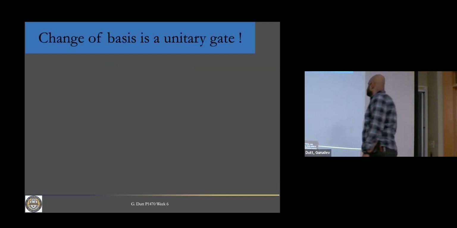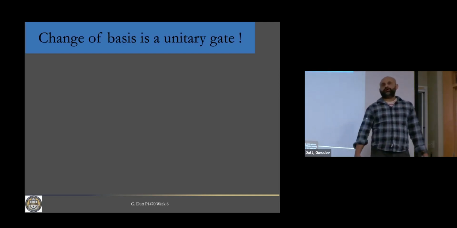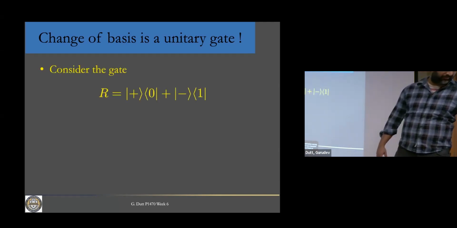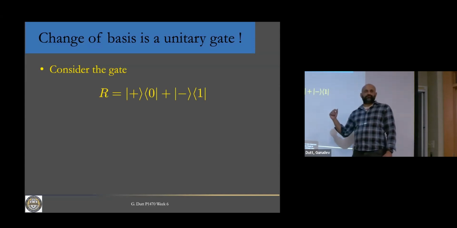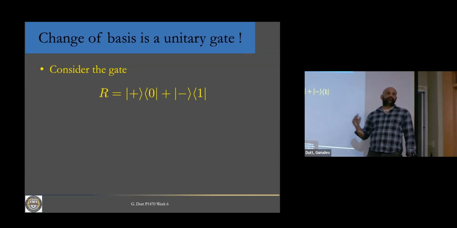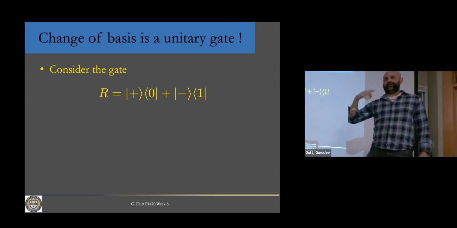So now I want to introduce a very important unitary gate, which is the change of basis or rotation gate. Okay. We have already seen one example of it, sort of, where we flip the 0 and 1 operators. We made a state go from being A0 plus B1 to B0 plus A1. We sort of flipped the basis, if you like. We called 0 as 1 and 1 as 0.